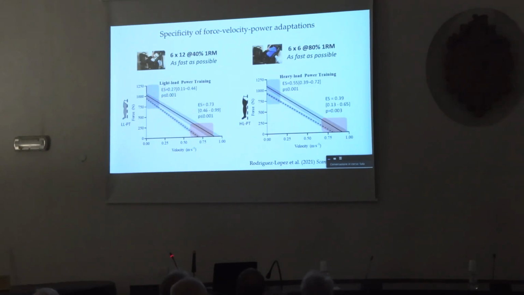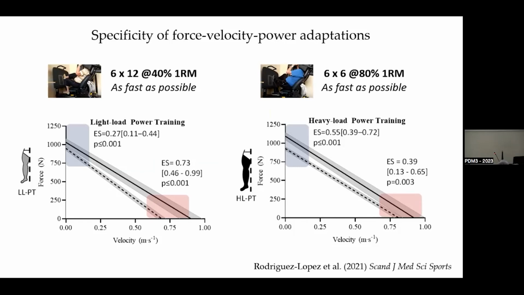What were the adaptations? In this case, the specificity of each power-oriented resistance program was fulfilled, and we observed higher changes in the forces at high velocities for the light load power training group, while we observed higher gains in force at low velocities in the heavy load power training group, right?